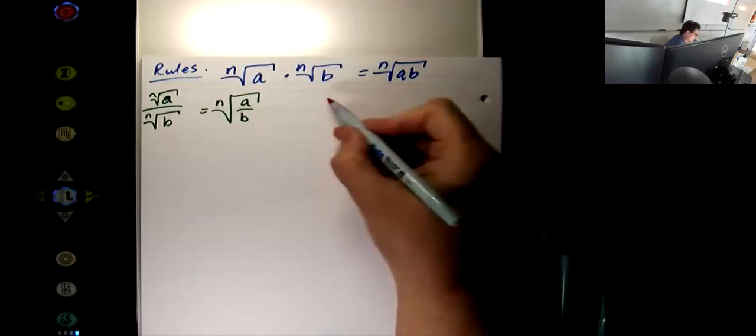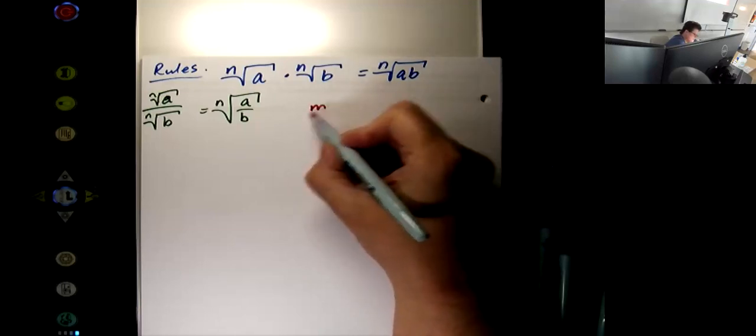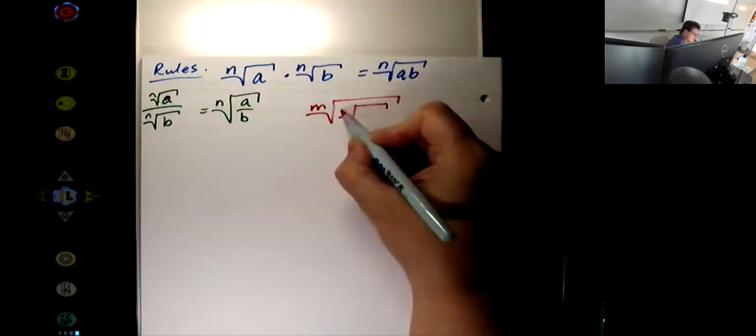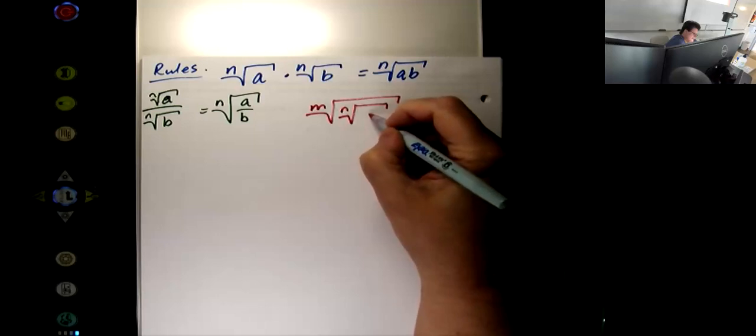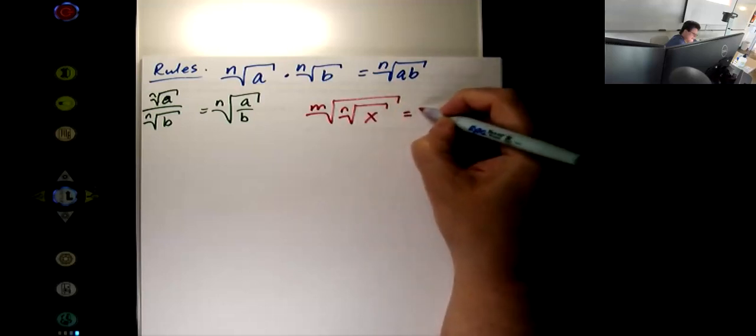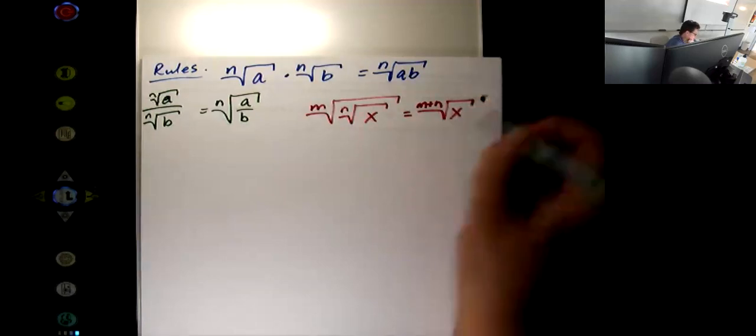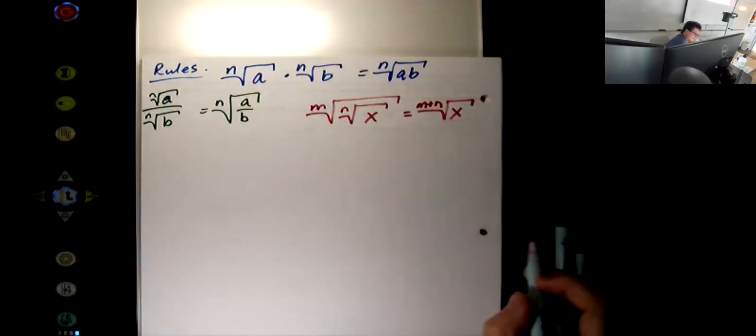If we have the mth root of the nth root of x, this is the m times n root of x. Not plus, times.